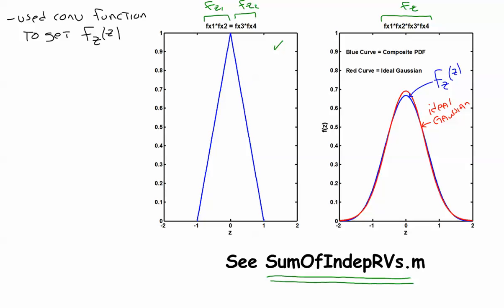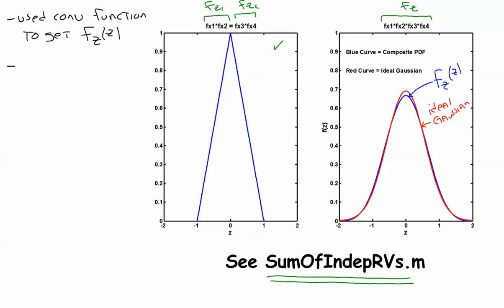I created a vector of values and created in MATLAB the triangle functions, and then I used the CONV function to convolve the triangle functions. Unless you download and take a look at the lines of code in this sum of independent random variables M file, a lot of what I'm saying is going to be a bit confusing. Please do download it.